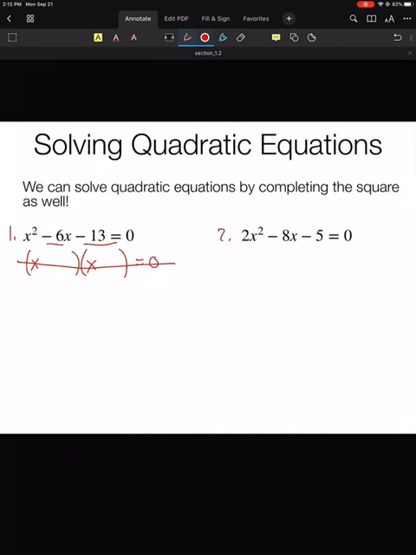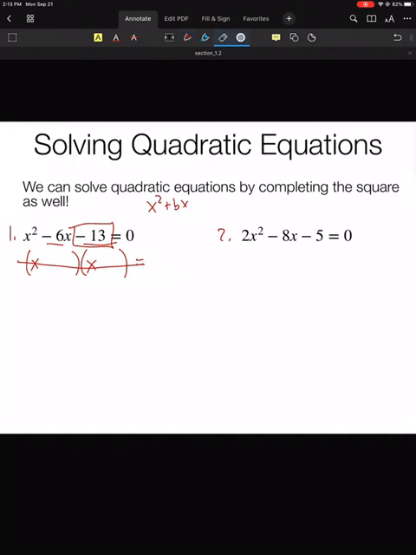Step 1 of completing the square in this solving quadratic equations setup is that you need to get rid of this negative 13 here, because we need the form x squared plus bx. That's what we worked with last time. So we need to get rid of it from the left side, which means we just put it over on the right side.